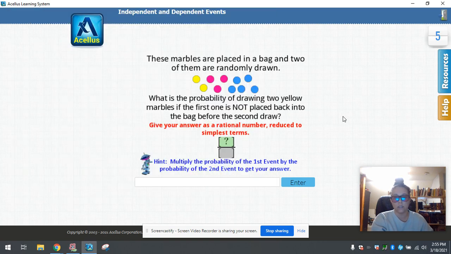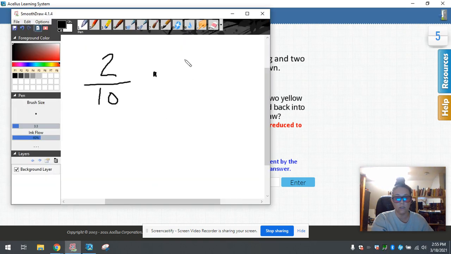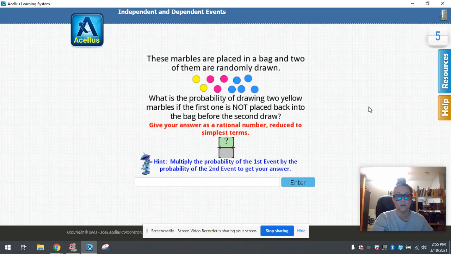Multiply that by our second chance where it's not placed back in the bag. So then we only have 1 marble out of a total of 9 marbles because we've lost a marble. We haven't lost all our marbles, not quite yet. So that's a good place, I guess.